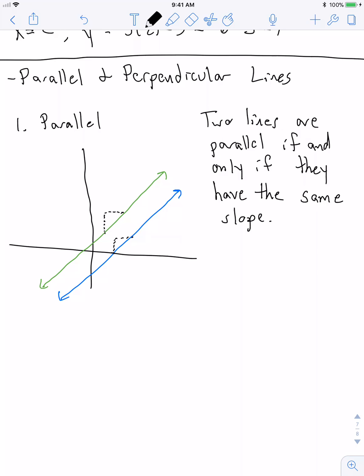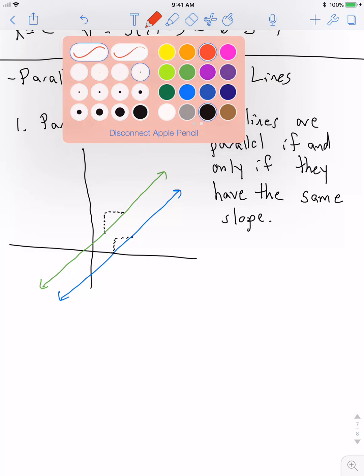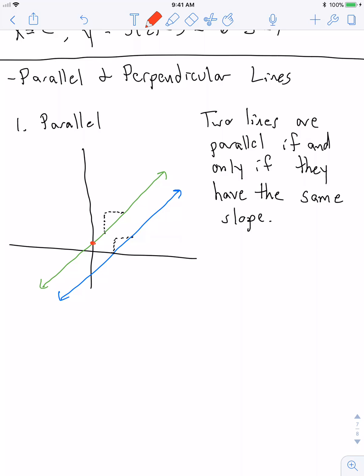And this should make sense from how we're thinking about these parallel lines. They are the same line, just shifted up or down. Or in other words, the y-intercept just sort of got moved up or down, and the b's changed. So we're free to have any sort of y-intercept we want, but the slopes need to be exactly the same.